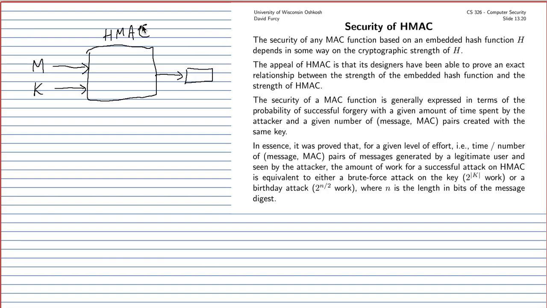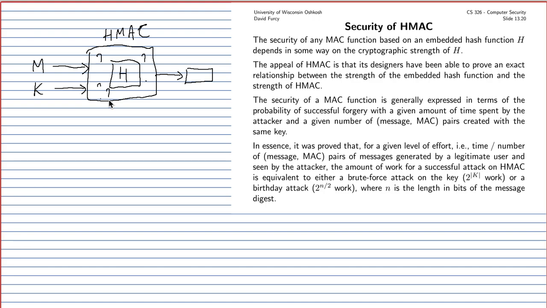So the main design feature of HMAC is that inside of it, it contains a hash function with a lot of semi-complicated features around it, which we discussed in the previous video.